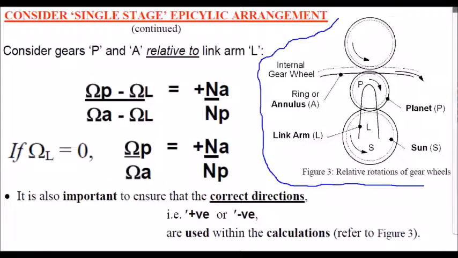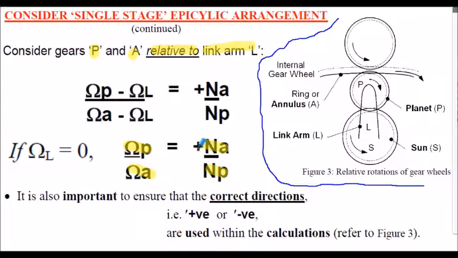This is really considering the same train, same gear configuration in figure 3. This time I'm considering gear P and gear A, so planet and the annulus here, again relative to the link arm. So again, if I assume that the link arm is going to be 0, I can simplify the expression to the speed of the planet over the speed of the annulus is equal to the number of teeth on the annulus divided by the number of teeth on the planet.